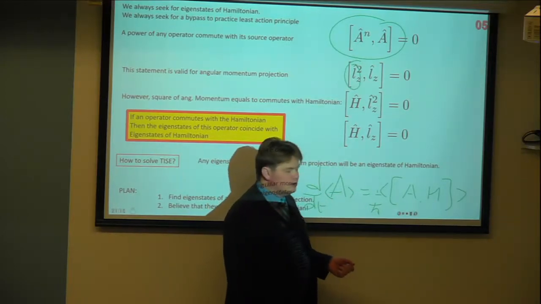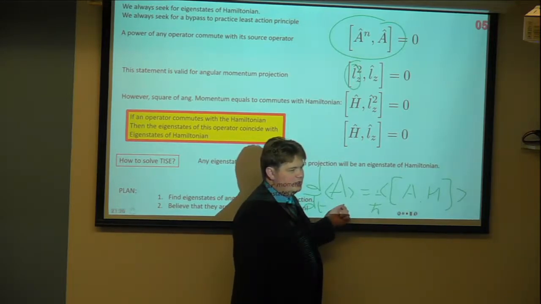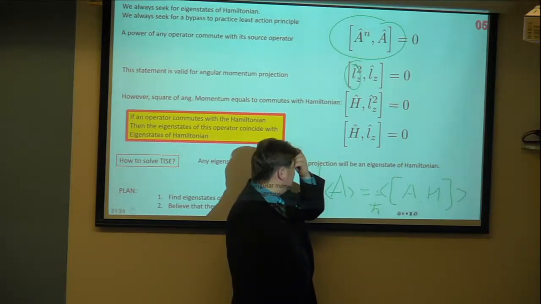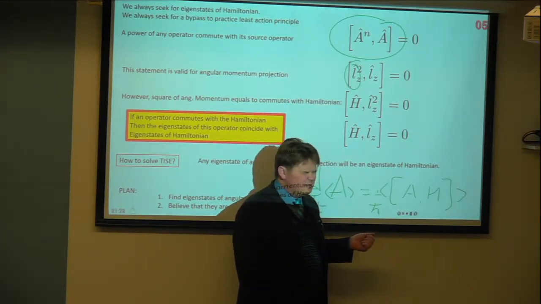If the operator commutes with the Hamiltonian, if the commutation equals 0, it means the operator doesn't change in time, nor does the corresponding observable. There is an extension of this principle: if there is an operator that commutes with the Hamiltonian, then the eigenvectors of this operator will coincide with the eigenvectors of the Hamiltonian.